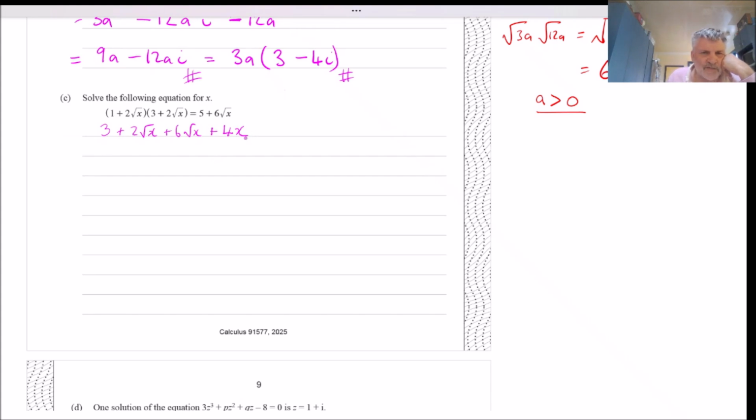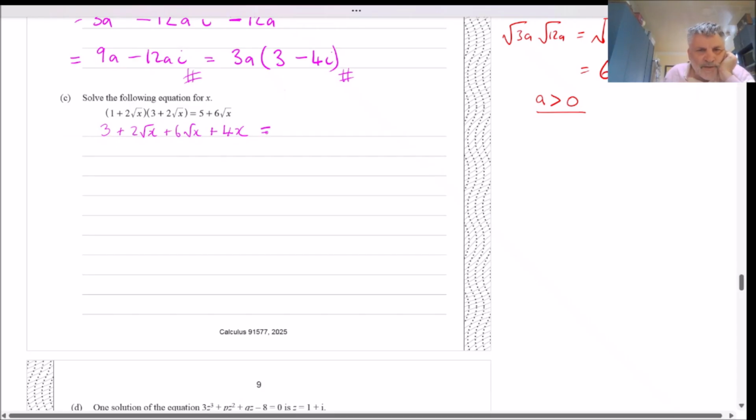Again, dealing with these square roots is a little bit tricky, but I might have to look at it again afterwards. The 6x's cancel from both sides, and now we get an equation.